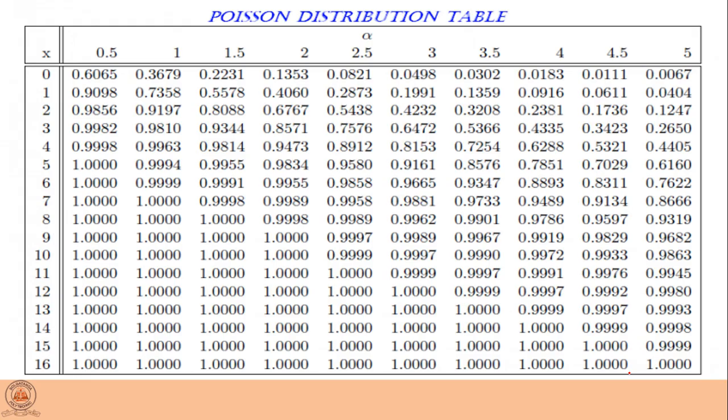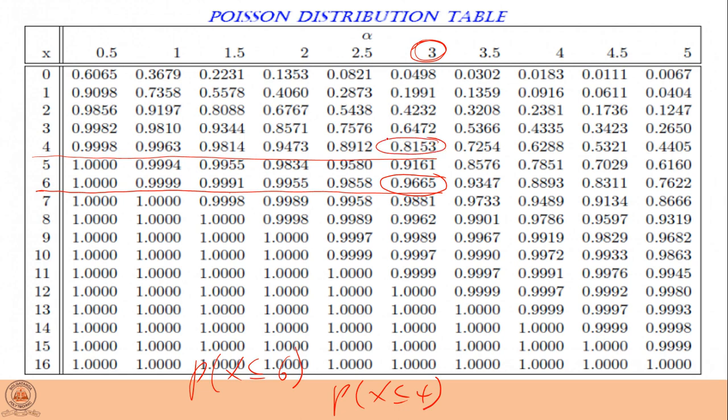This is the Poisson distribution table. We have lambda, our mean, to be 3. We have the first one here, and then we need this one too. So the probability of x less than or equal to 6 is this first one here, then the probability of x less than or equal to 4 is what we have here.